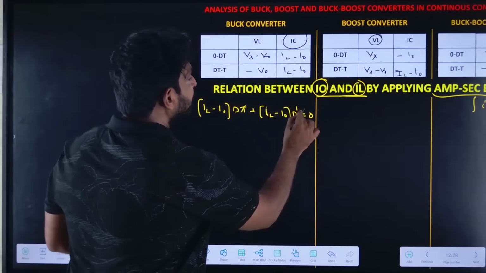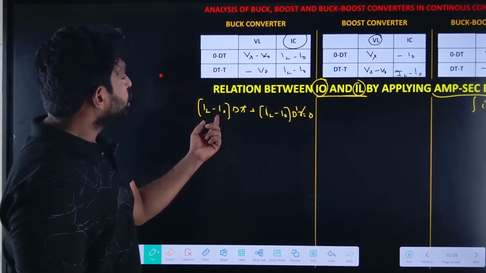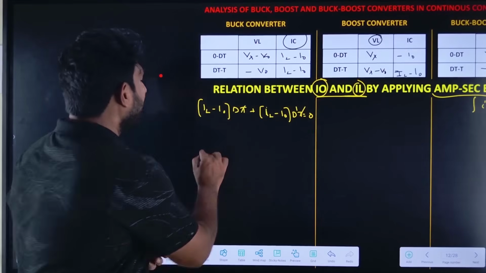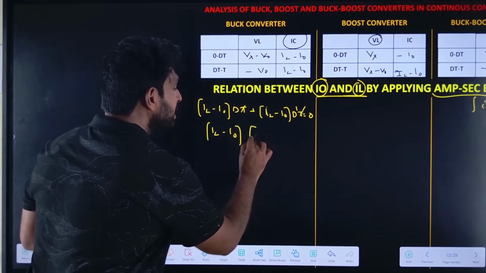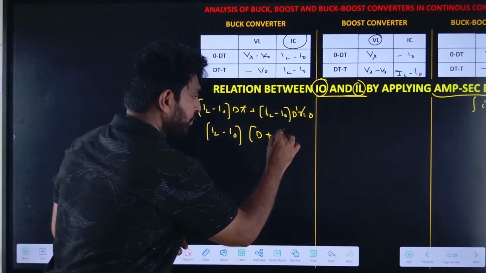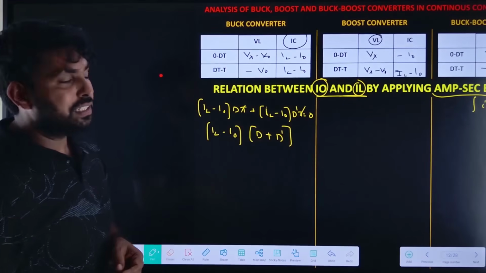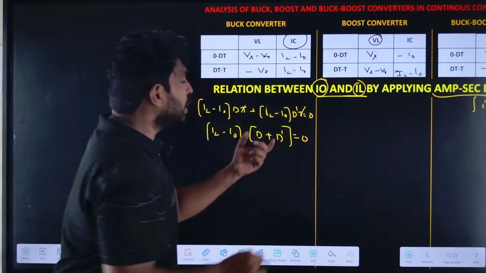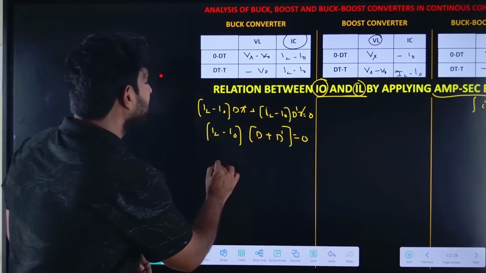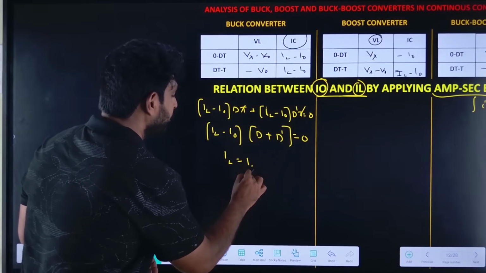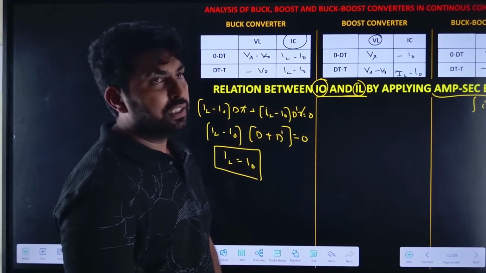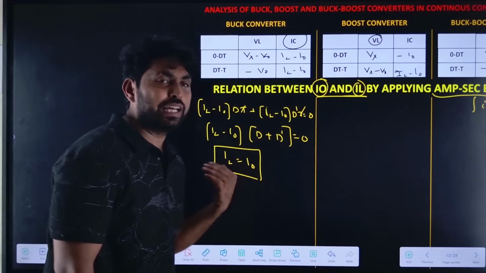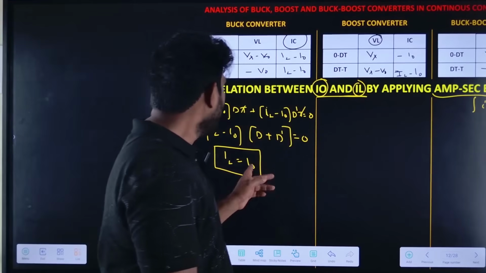So if I take T, T will get cancelled. So IL minus I0 into d plus d dash equal to 0. As we know that d plus d dash equal to 1, so IL equal to I0. So the average value of the inductor current equal to I0.